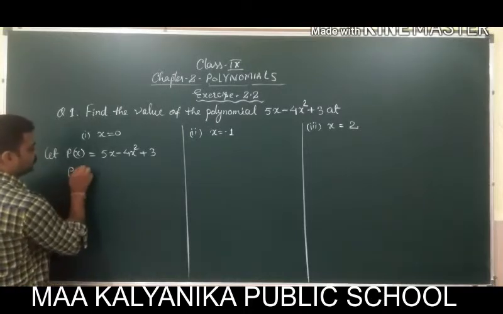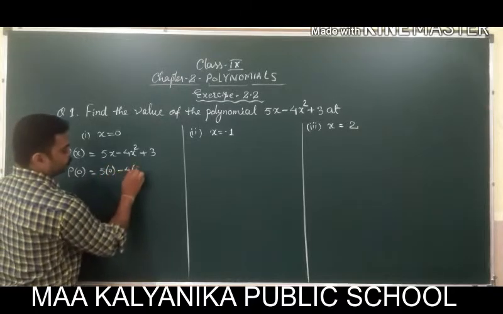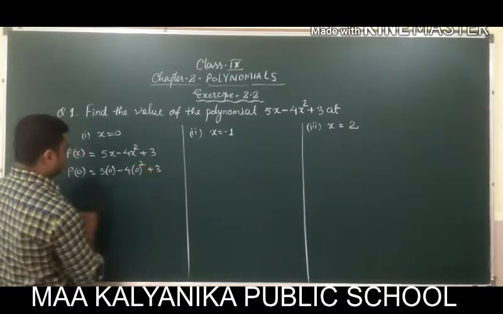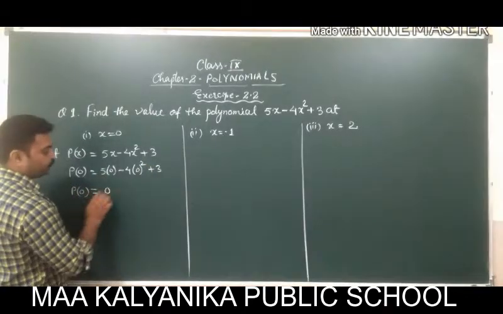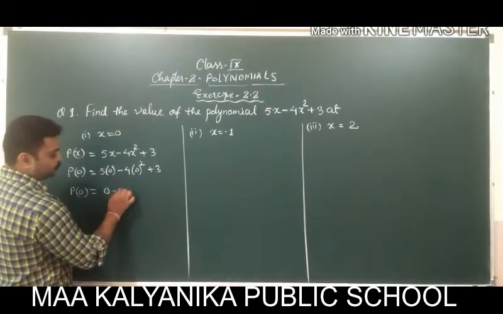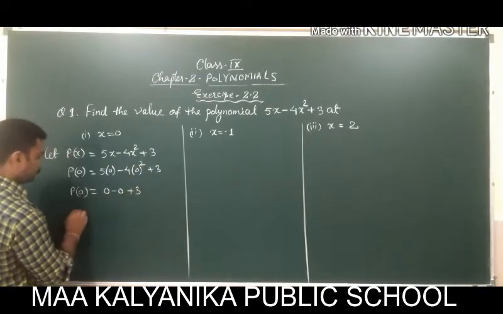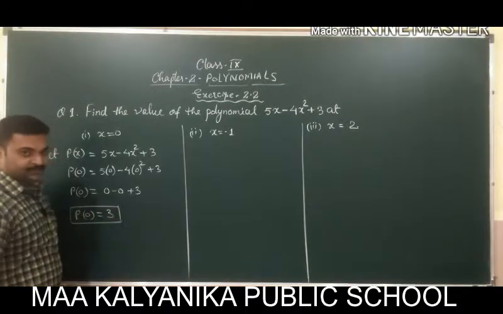So p(0) is equal to 5 into 0 minus 4 into 0 square plus 3. So p(0) is equal to 5 into 0, that is 0, minus 4 into 0 square, that is 0, minus 0 plus 3. So p(0) is equal to 3. This will be our answer.